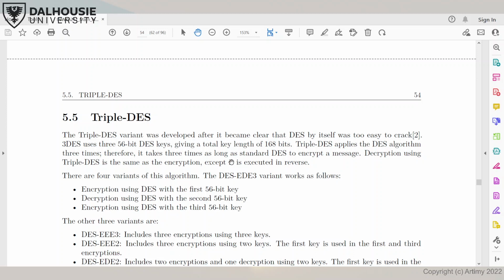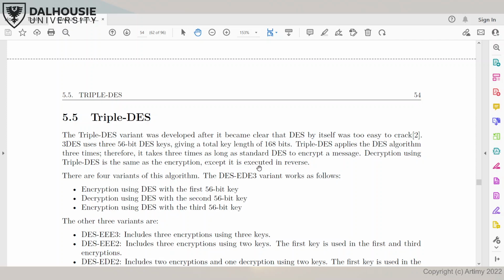We won't talk about that, but this is how generally the algorithm works. Now, DES was discovered, after a while, to be easy to crack because the technology advanced, right? And now a 56-bit key may not be very strong against brute force attacks, for example.